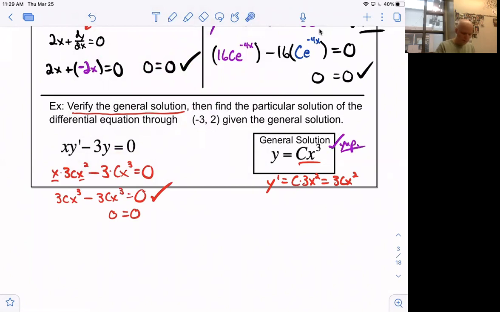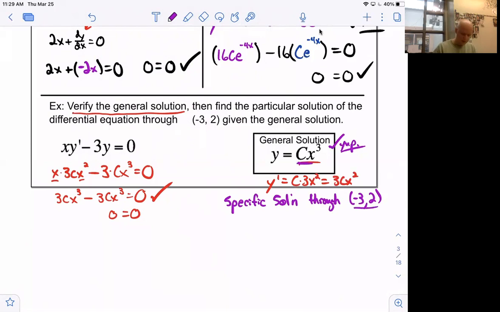Okay, now what we want to find is the specific solution, or a particular solution, through the point -3, 2. What that means we want to do is use the point -3, 2 to find the value of c in this.